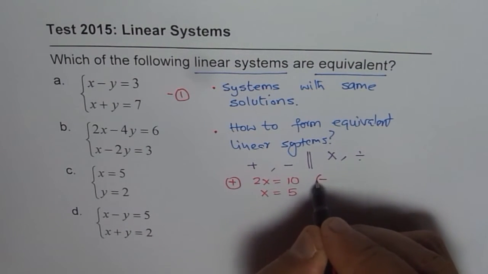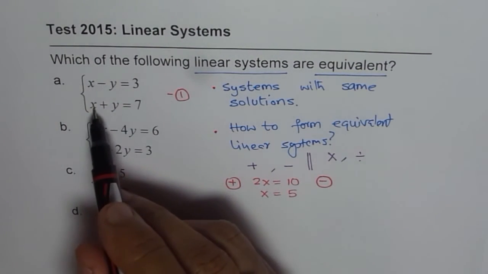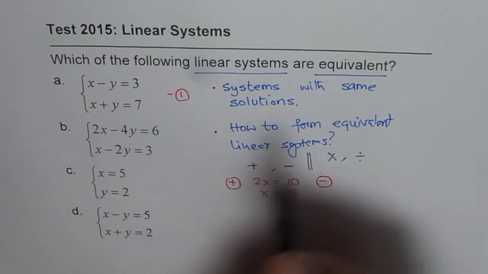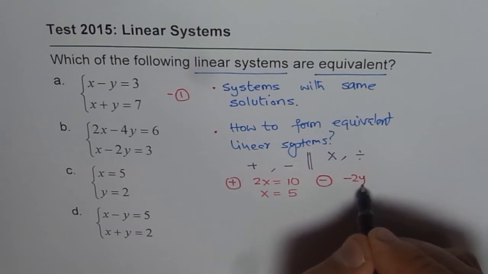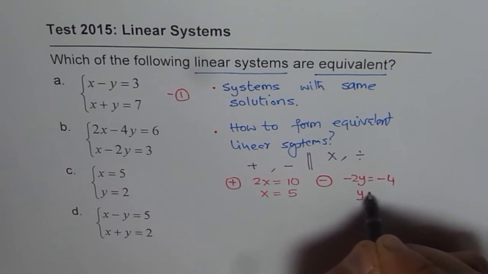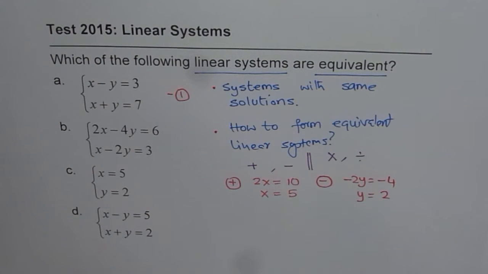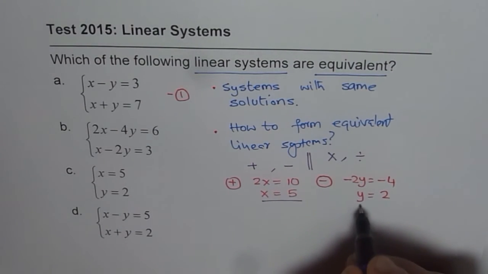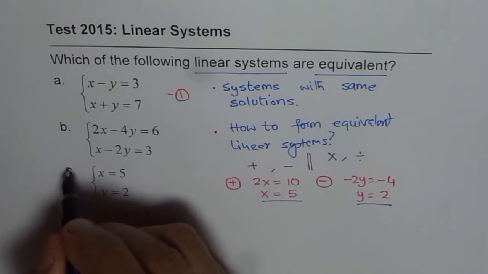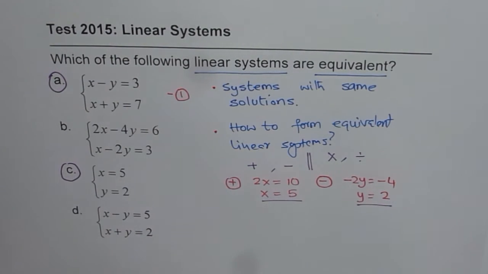If I subtract these, what do I get? x and x go, minus y minus y, so we get minus 2y equals minus 4, or y equals 2, right? So that gives us an equivalent system, right? So we find that A and C match. So they form an equivalent system.